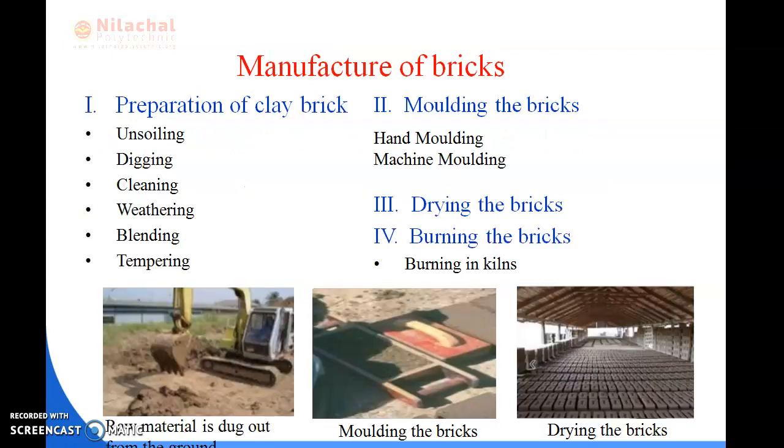So now we will read about the manufacturing of bricks. How are bricks manufactured, and what is the process? There are 4 operations in the manufacturing of bricks. First is preparation of clay, next is molding the bricks, third is drying the bricks, and fourth is burning the bricks.